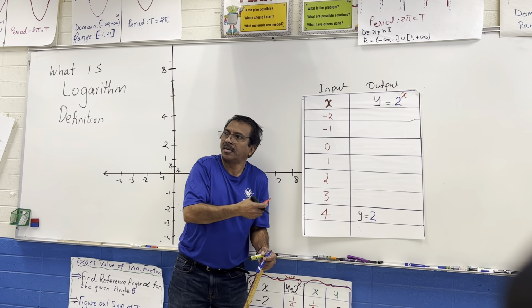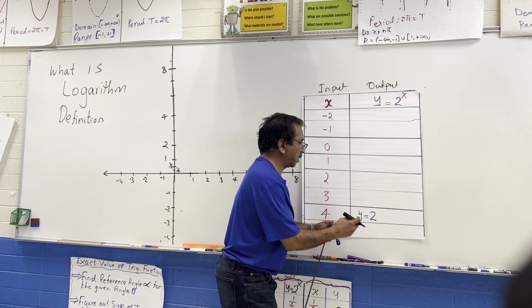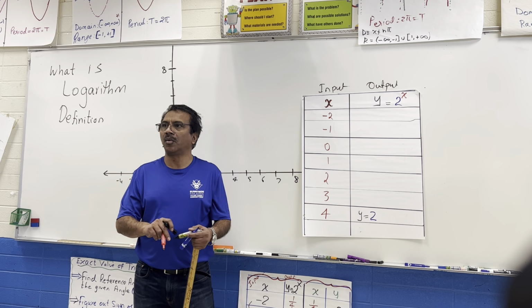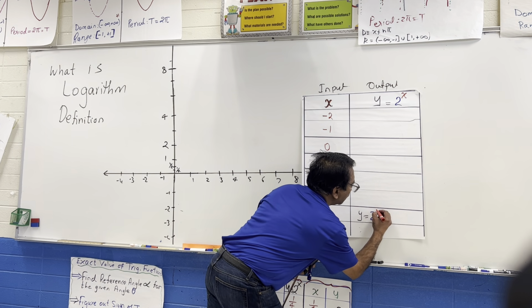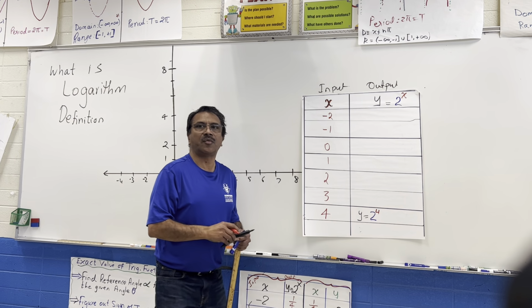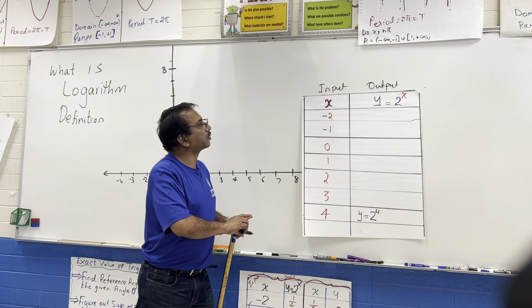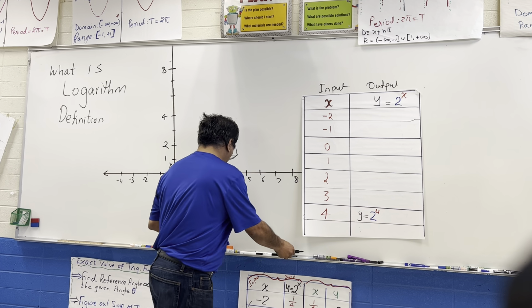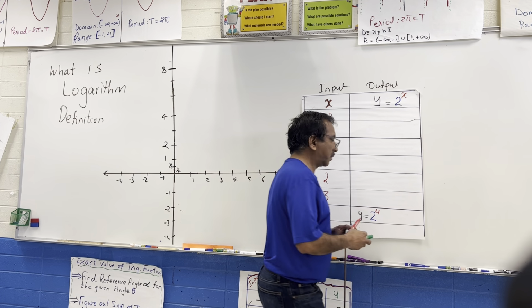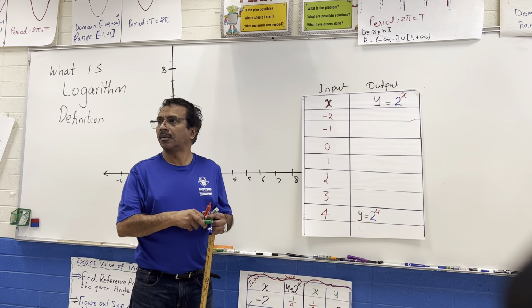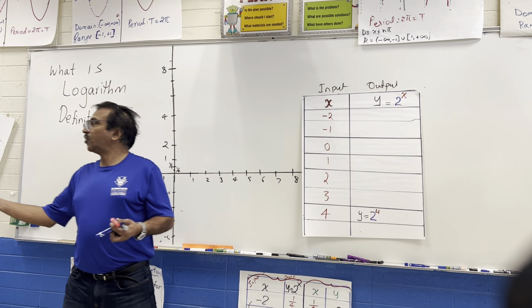Do you see, Mia? So what's the input there? Is the input 2 or 4? 4, right? So what value does 2 raised to 4 give? What is the value of that? 64?